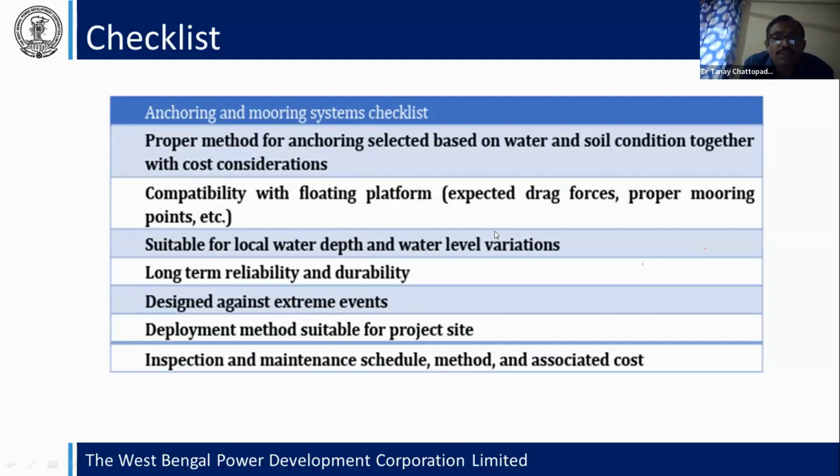Also for the drag force, proper engineering is required before installation of the floating solar, and the suitability for the water depth you have to follow. The long-term reliability and durability is also the main issue, and the inspection and maintenance schedule and associated costs will be maintained.